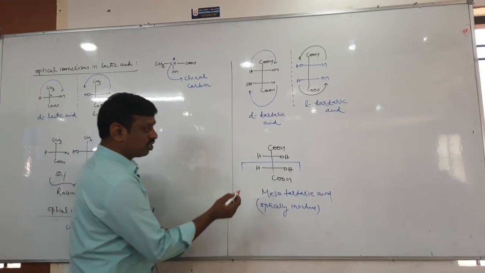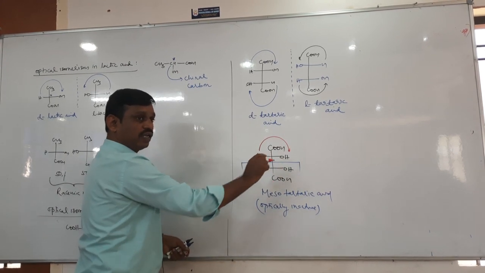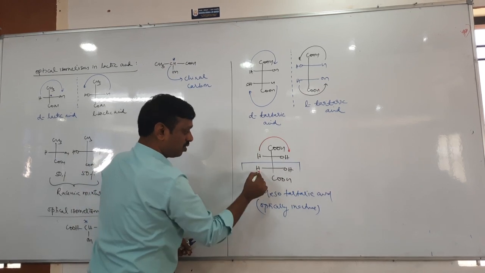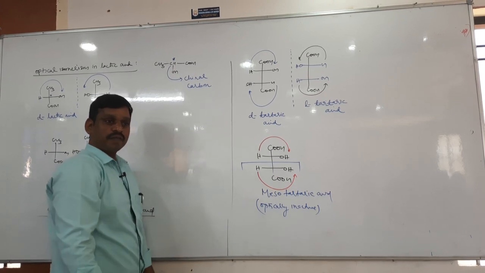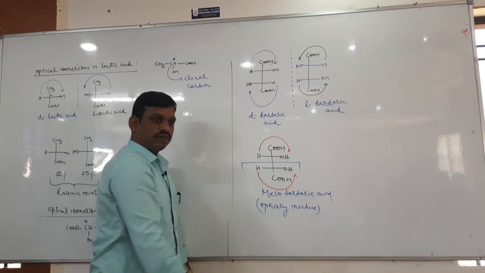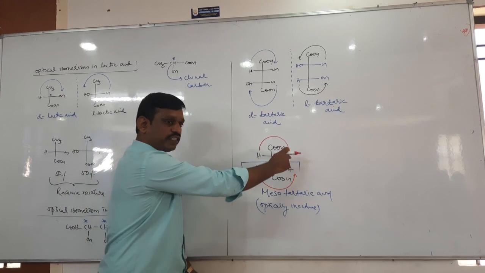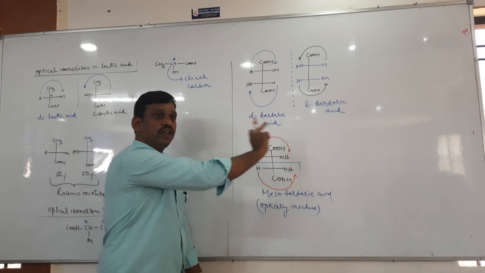See how this is. The rotation will be hydrogen to OH, right side. That means half of the molecule rotates plane polarised light to the right side, and the remaining half rotates it to the left side.